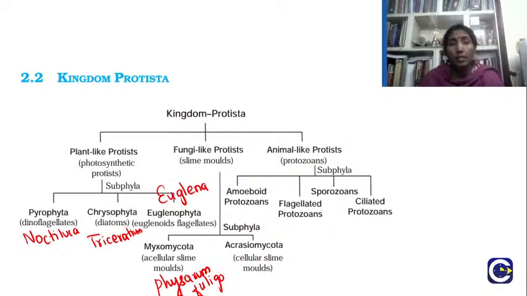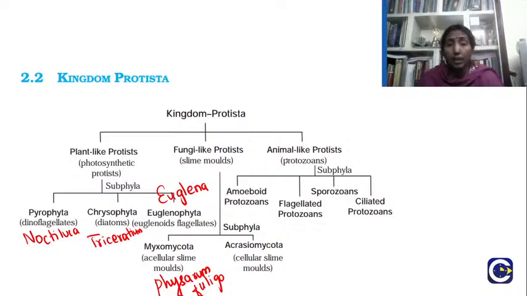Then we have the cellular slime molds. The cellular slime molds, we have certain examples, like in Acrasiomycota, Myxamoeba, they all will come under this.